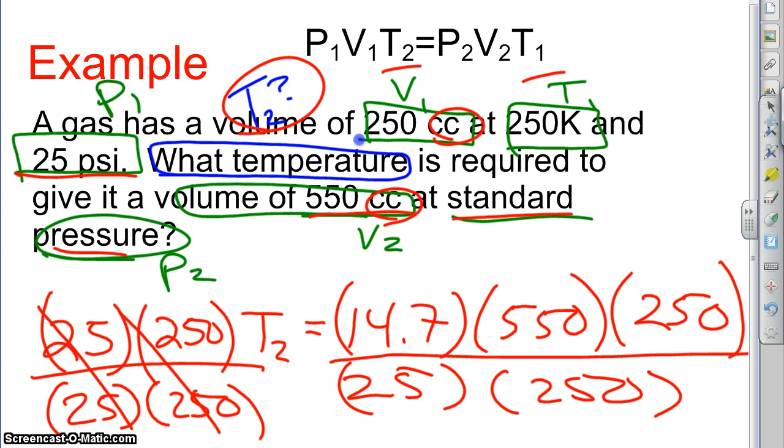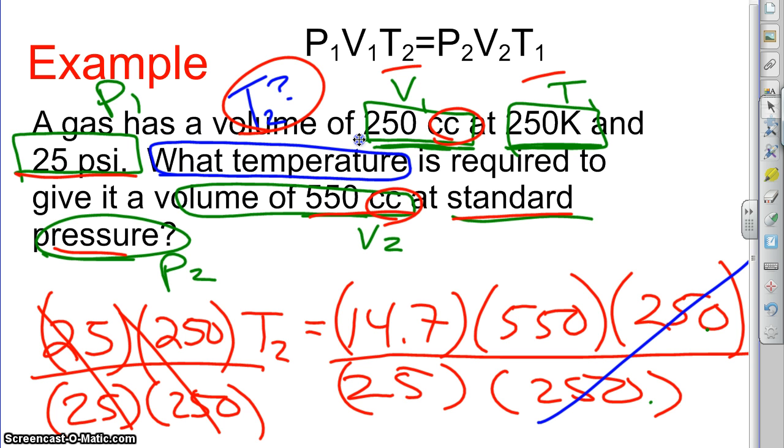Now whenever I see 250 in two different places, I wonder if I miscopied something down. But if I look up here, I have 250 Kelvin and 250 cc. So those are the same value, but they are different things. One of the nice things about that then is I can actually just cancel those out, and I don't need to include them in the calculation.